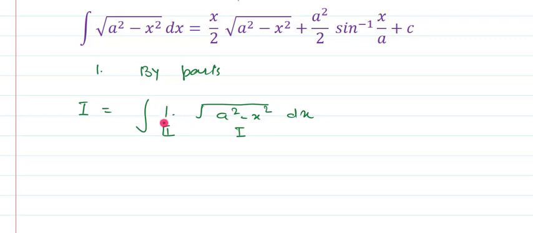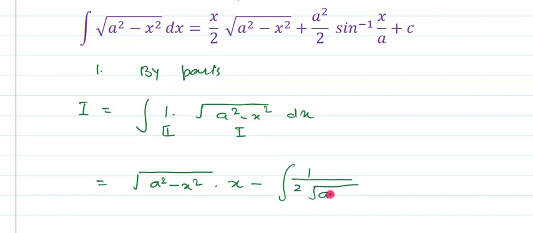So taking 1 as the second function and applying by parts, this is the first function, that is square root of a square minus x square, into integration of second, minus integration of differentiation of first, which is clearly 1 upon 2 root a square minus x square into minus 2x, into integration of second dx.